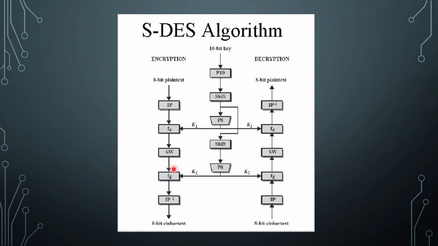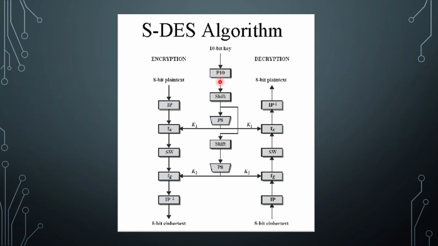Then we swap and again do function fK with the key 2 generator. Here we are doing it with key 1 generation. Finally we do IP inverse, and then we get the encrypted ciphertext. Decryption is the same as usual, but it is the reverse of encryption. We do the IP, then fK, then swap and again the function. Finally IP inverse, and we get the decrypted text.